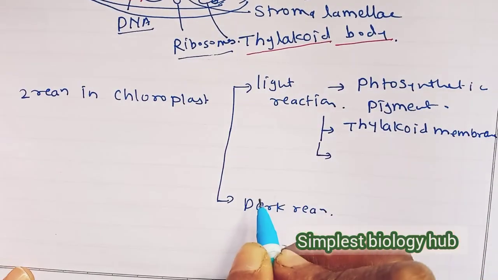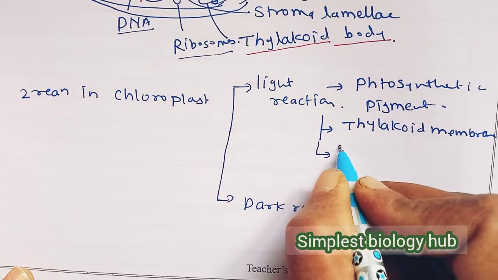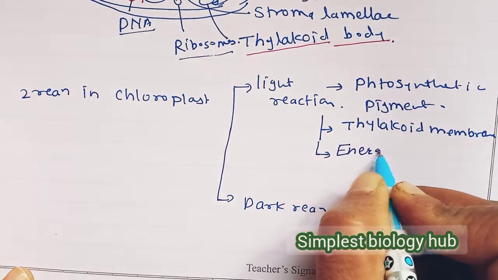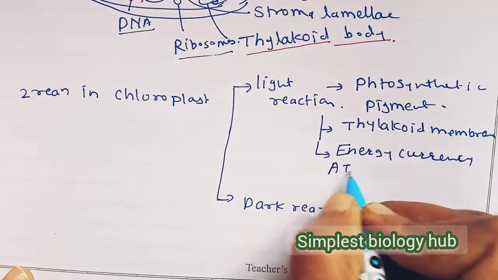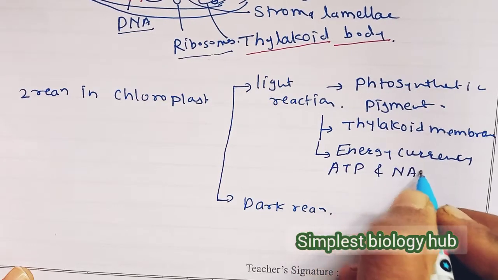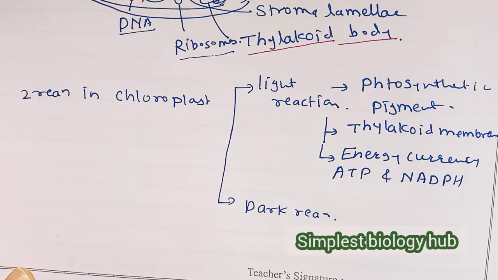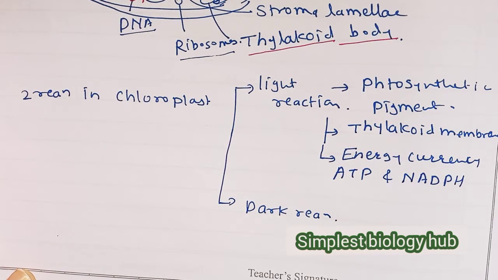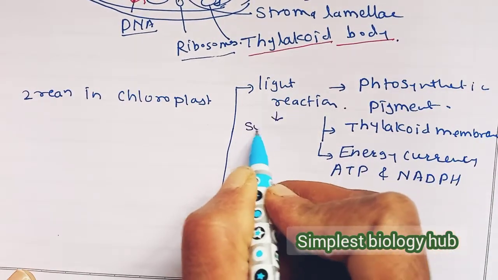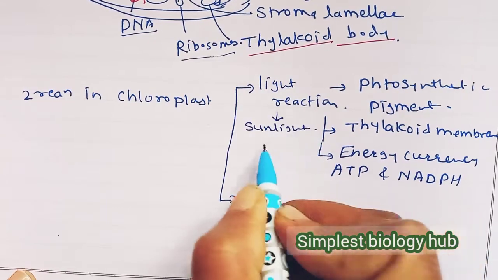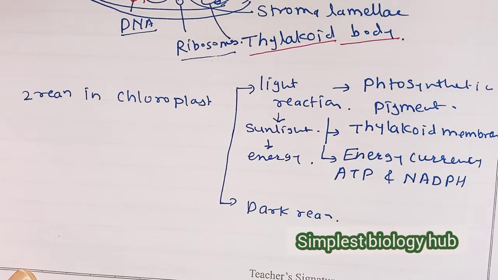In the light reaction, only the energy currency is formed, and the energy currency is nothing but ATP and NADPH. These are the higher form of energy. They are formed in the light reaction, where sunlight is converted into energy. Means sunlight is essential for that reaction.